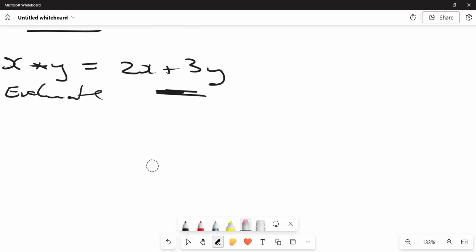So they say to evaluate 4 asterisk 5 asterisk 6. Right? So what do you do here? Well, you don't have to worry that this thing doesn't look like that.